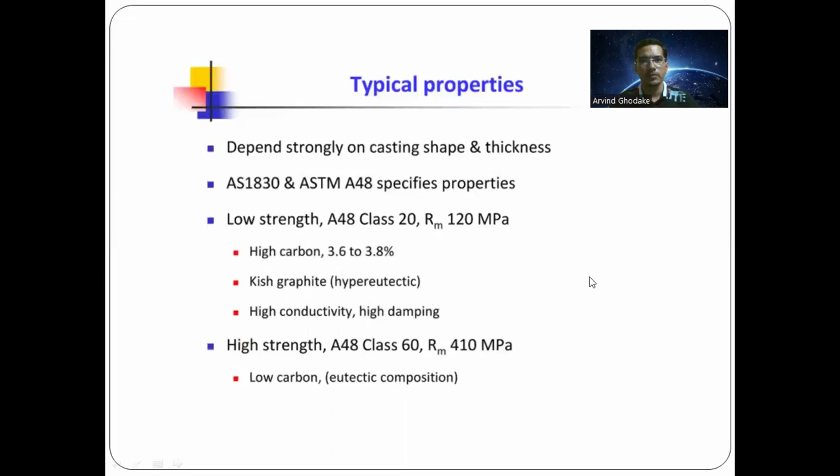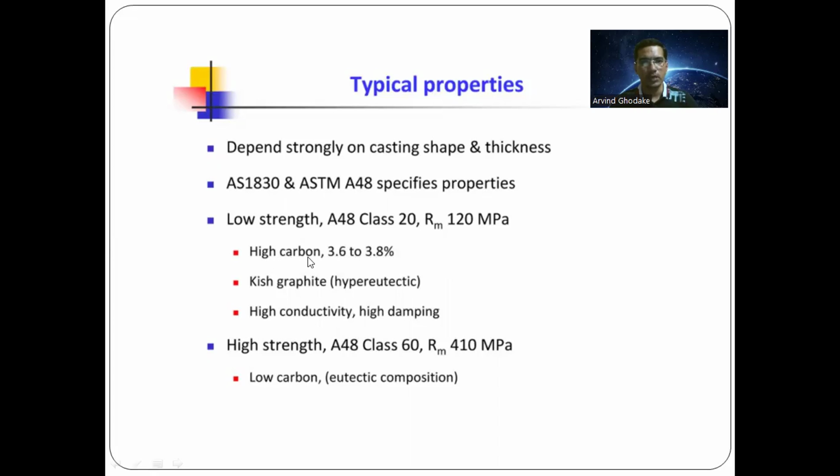Typical properties of gray cast iron depend strongly on casting shape and thickness. According to AS 1830 and ASTM A48, the specific properties of gray cast iron are as follows. It has low strength for the A48 class 20, where Rm is 120 megapascal.